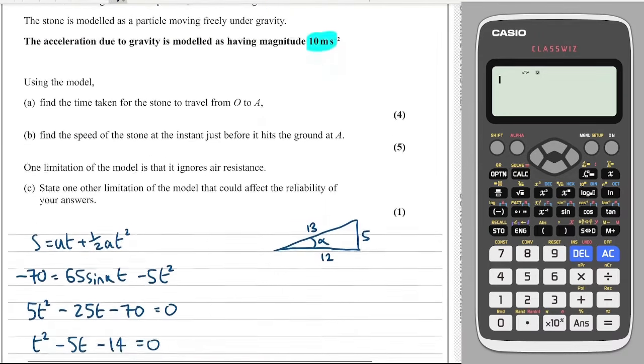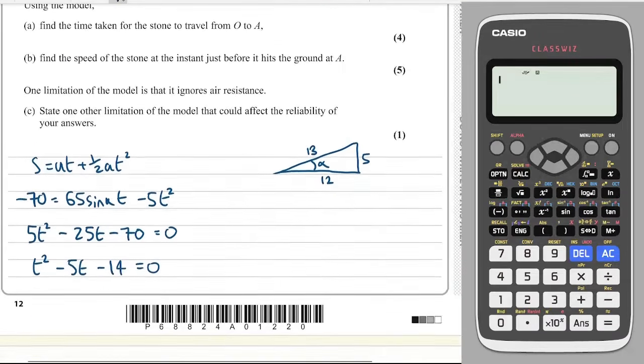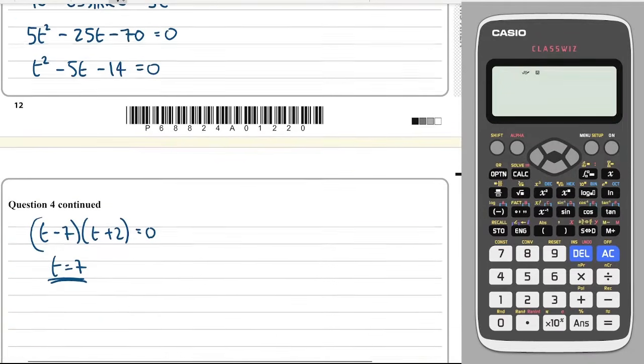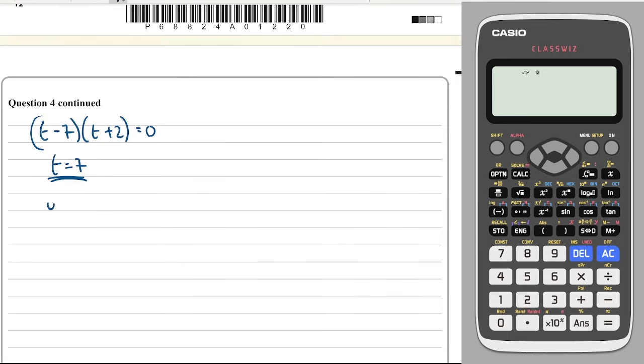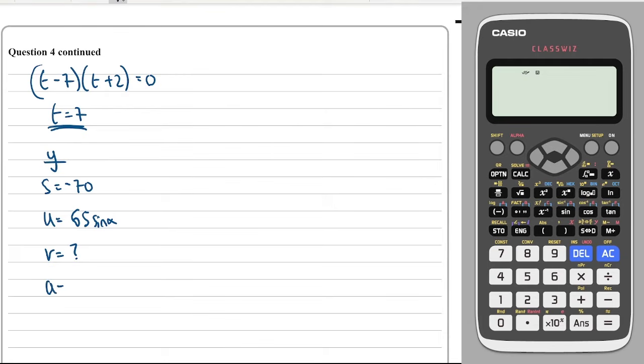Now it says find the speed of the stone at the instant just before it hits the ground. Well, once again, if I set up my y components, I've got s is equal to minus 70. I've got u is equal to 65 sine alpha. The velocity is now what I'm looking for, and I have a is equal to minus 10, and I have t is equal to 7.